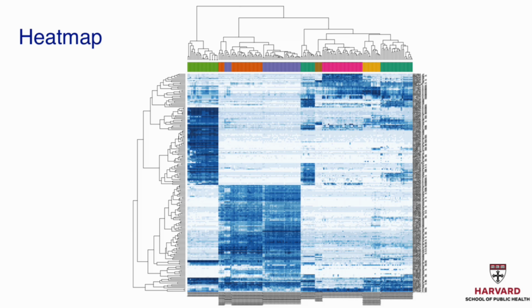We put colors to signify how high expression there is in each cell. So in this case, blue means high expression, white means low expression. So what do we see here? What types of things do we see in heat maps? One is that we can see this group of genes here. They tend to be highly expressed in this tissue and not in too many others, and they sort of follow that general pattern.